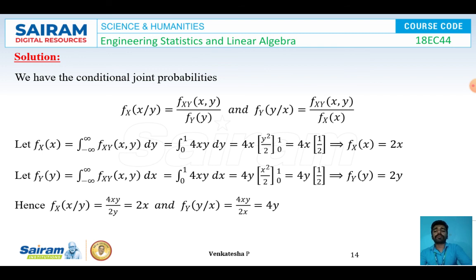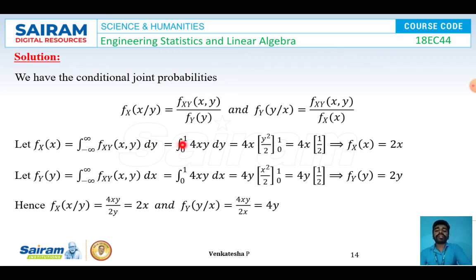The first thing is we are supposed to find the marginal density functions f_Y(y) and f_X(x). To calculate f_X(x), the formula is the integration from minus infinity to plus infinity of f_XY(x,y) dy. I am replacing f_XY(x,y) as 4xy along with the limit y varies from 0 to 1.